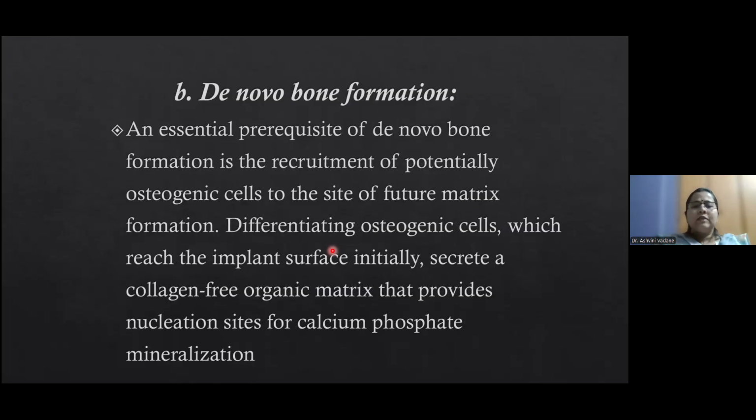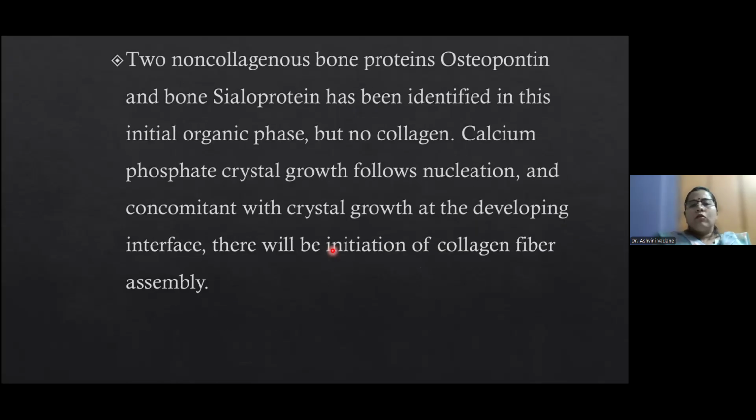Differentiating osteogenic cells which reach the implant surface initially secrete a collagen-free organic matrix which provides the nucleation sites for calcium phosphate mineralization. Two non-collagenous bone proteins, osteopontin and bone sialoprotein, have been identified in this initial organic phase, but there was no collagen.